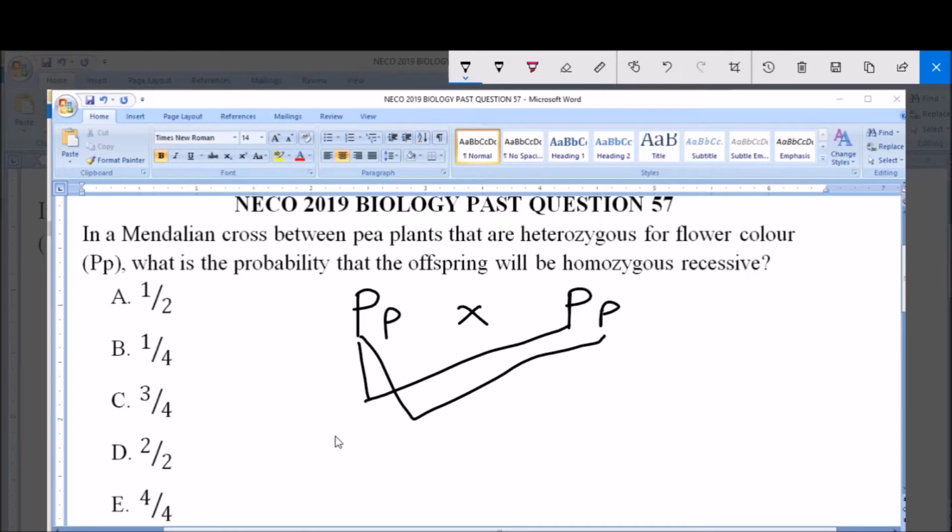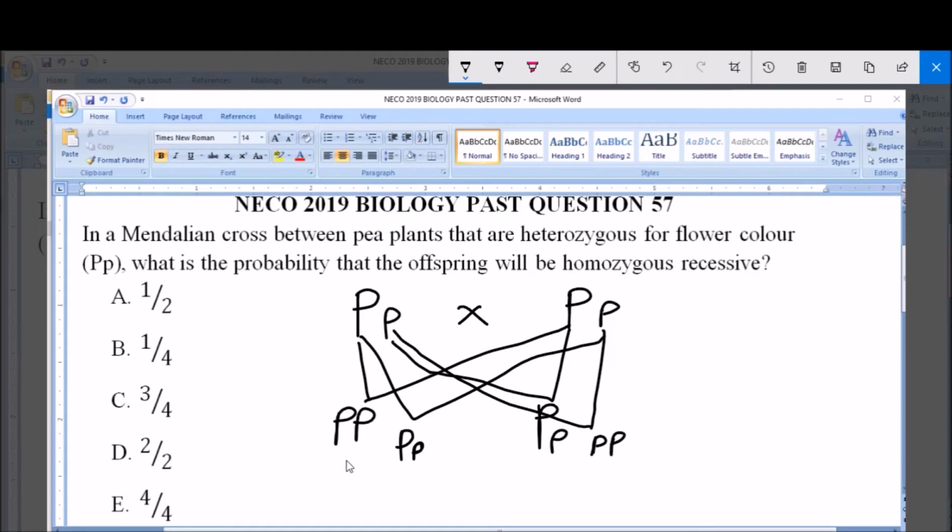Here we have PP, which is homozygous dominant for this flower color, and Pp, which is heterozygous dominant for this flower color. Then we'll also have Pp, heterozygous dominant for this flower, and then small p small p, homozygous recessive for this flower.